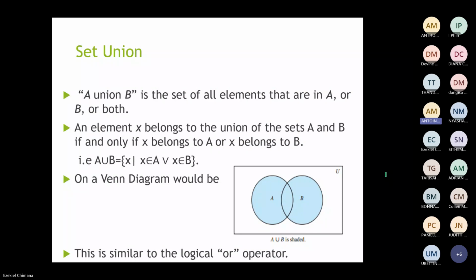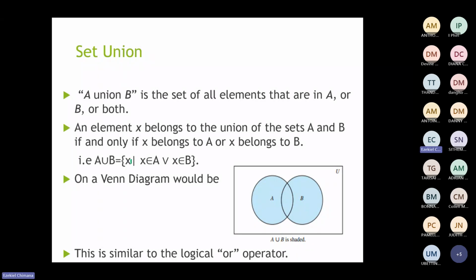The element x belongs to the union of the set A and B if and only if x belongs to A or x belongs to B. That is, A union B is equal to the set of x such that x is an element of A or x is an element of B. On the Venn diagram it would be like this one, which is on the picture here.